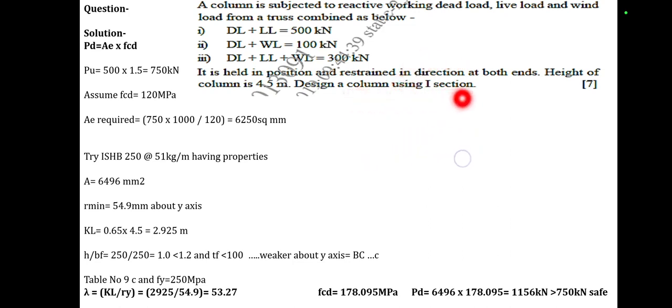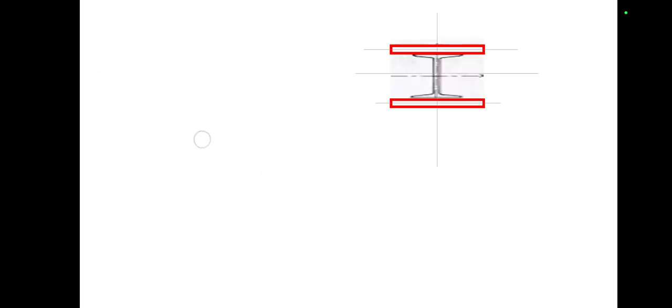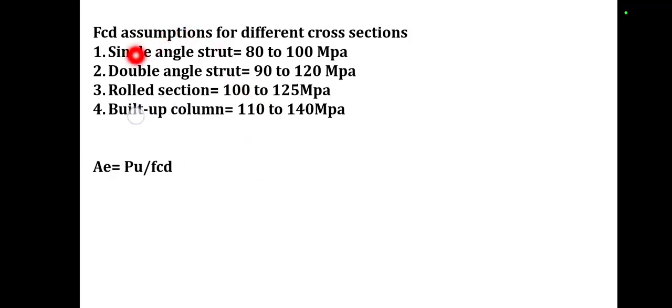Thereafter we have to assume the FCD for the column. As in the numerical it is given that we have to design the column by using I section, we have to assume the FCD. Here are the assumptions of FCD for different cross sections. Whenever it is given that it is a single angle strut, we have to assume it between 80 to 100 MPa.